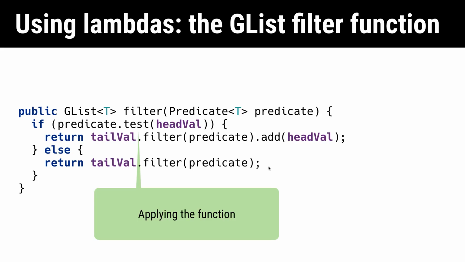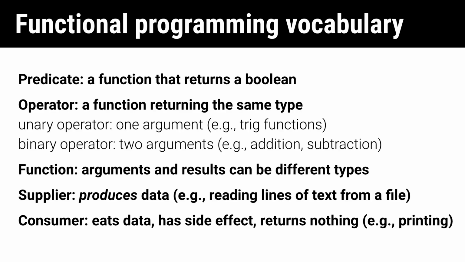But you can see that this is recursive code that follows the structure of a list. A list is either a head value and another list, or a list is empty. Here we're just showing you the case for a head value plus another list. Okay. So, predicate is a function that returns boolean. Operator is a function that returns the same type as its input.